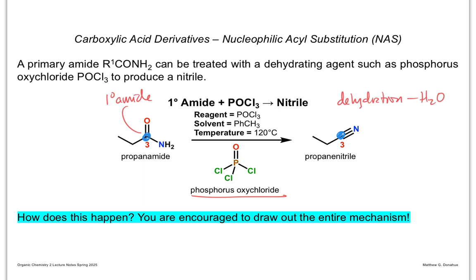So it says you are encouraged to draw up the entire mechanism. We only have 15 minutes left and a boatload of slides to get through. So I'm not going to draw the mechanism, but I'll get you started. It relies on the resonance form of the amide.